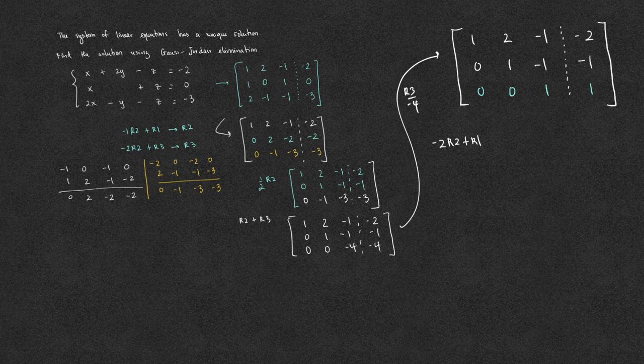If we take row 2 and multiply -2, we'll get 0, -2, +2, +2, and add to row 1, which is 1, 2, -1, -2. We will get 1, 0, 1, 0.